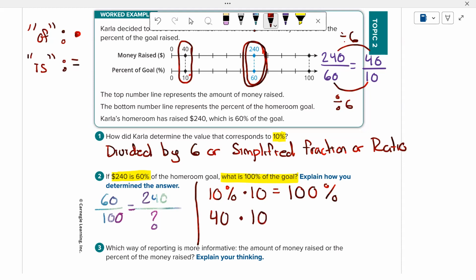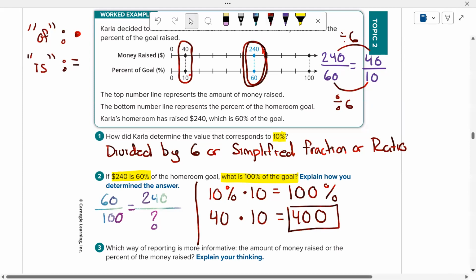Well, if that's for every 10%, then you multiply it by 10, you'll get 10 of those. That's going to be 400. Straightforward. Since we know 10% corresponds to $40, then if you want 100%, you just have to multiply 40 by 10, and I'll give you 400. So the answer is actually 400. That's equivalent to 100% is 400. So that's one way to do it.